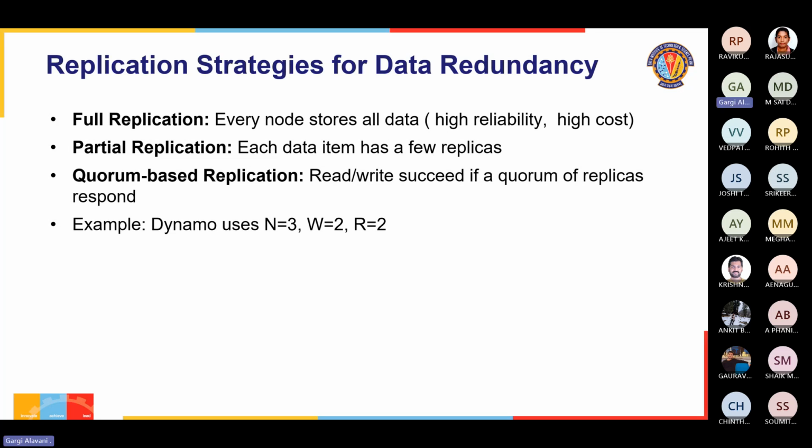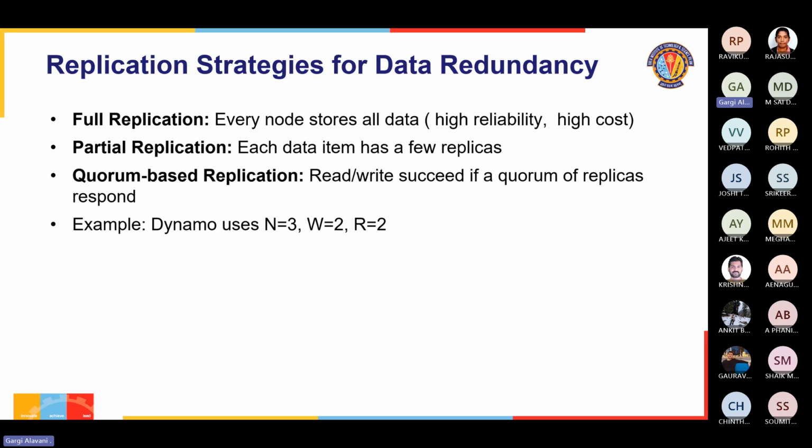So what this means is, if you have quorum based replication, you formulate what should be considered valid data with some kind of a function.